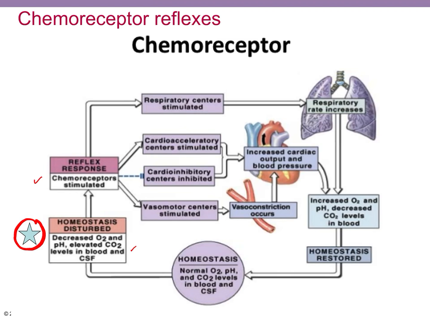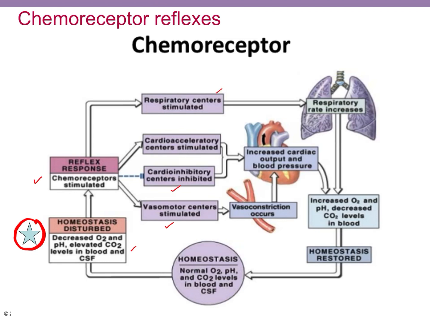The chemoreceptors can detect this change, and they can do different things. They can cause the blood vessels and the heart to change their behavior. And it also goes to the respiratory center so that you can increase respiration, so you can get the carbon dioxide out of your body.